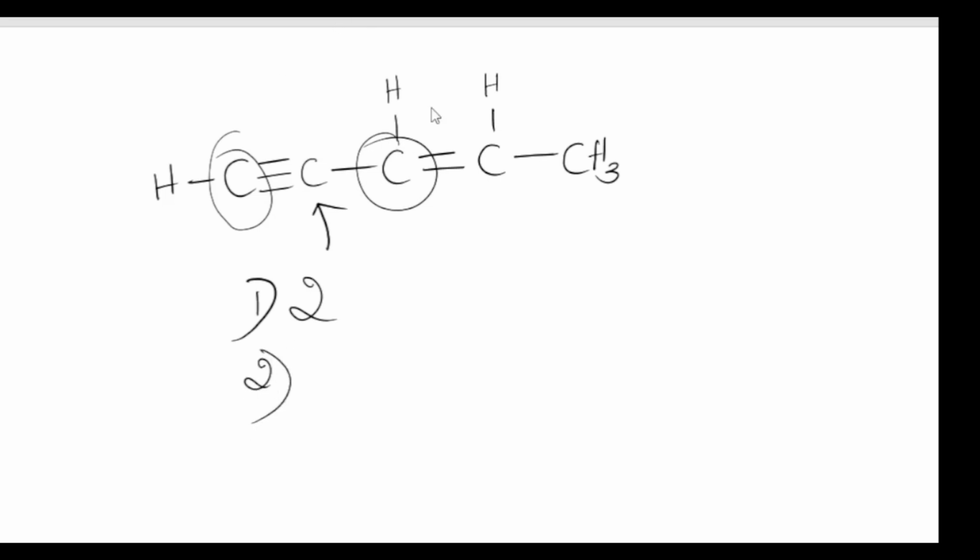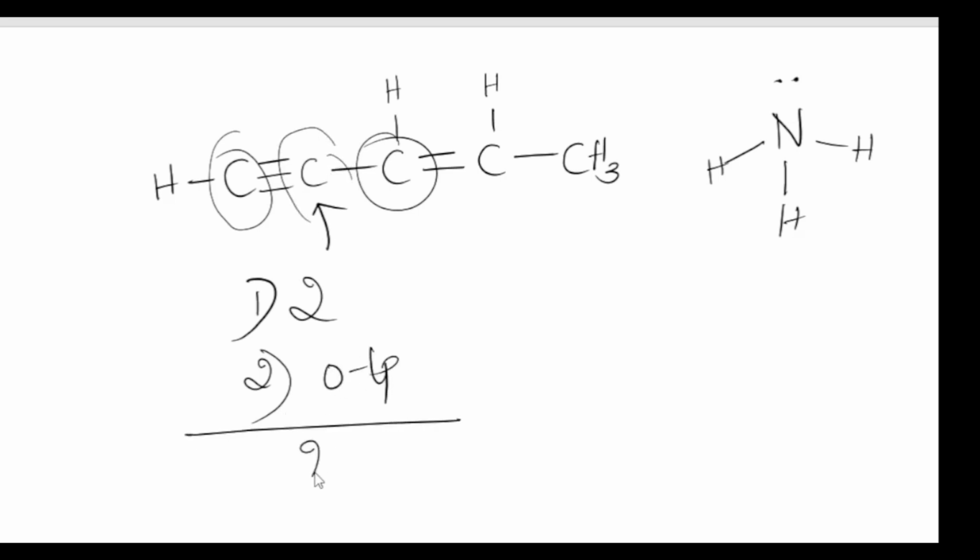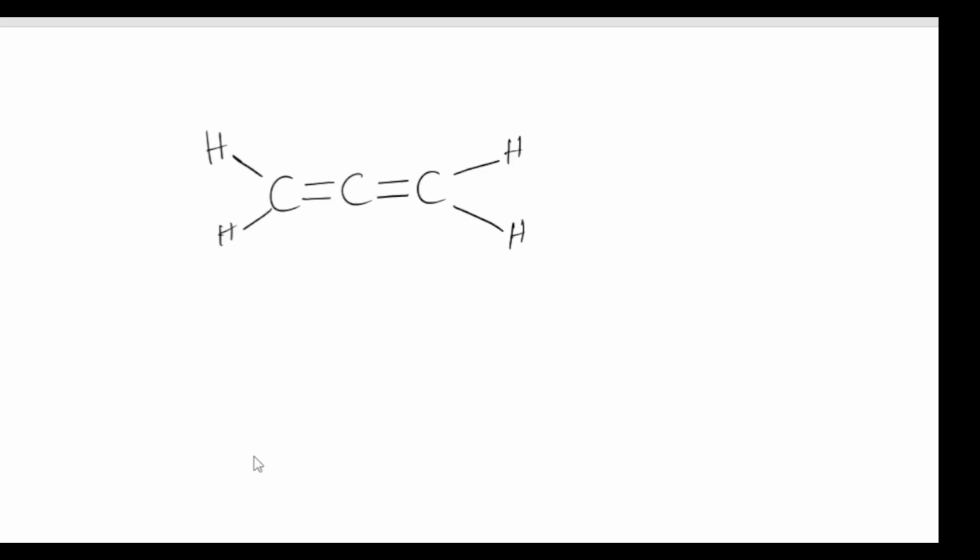Lone pairs we show by two dots, something like this. It is not there, that's why zero lone pairs in this case. If we add both, it will become 2, which is sp hybridization.